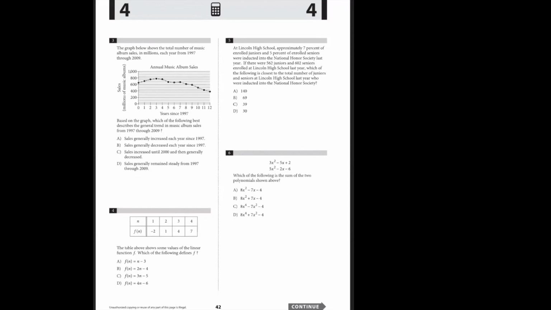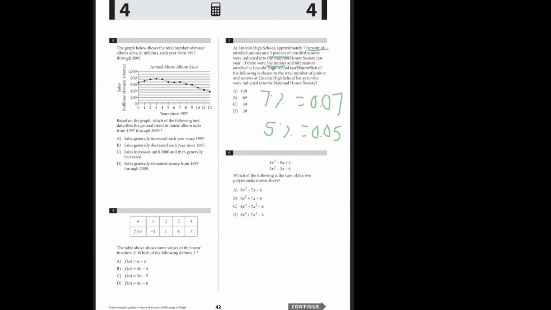But this one, all you'd have to do to find it is multiply. You need to know that 7% and 5% can be rewritten as 0.07 and 0.05, because that's how we're going to be able to find the number of juniors and seniors within each respective group. So it says that 7% of juniors and 5% of seniors.